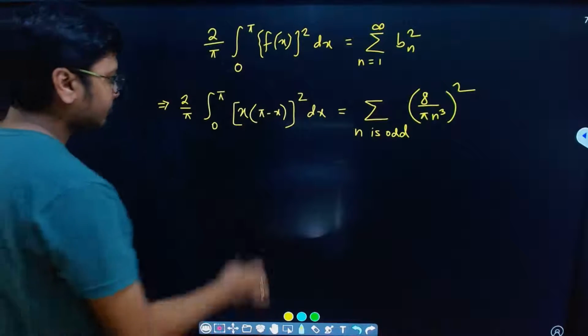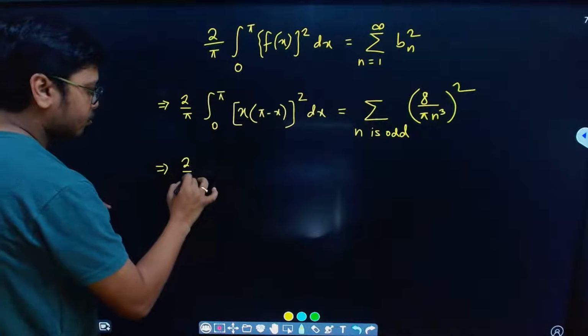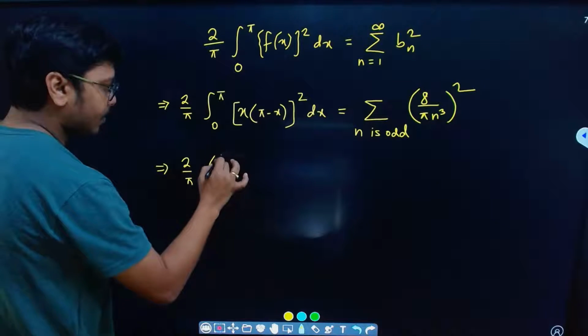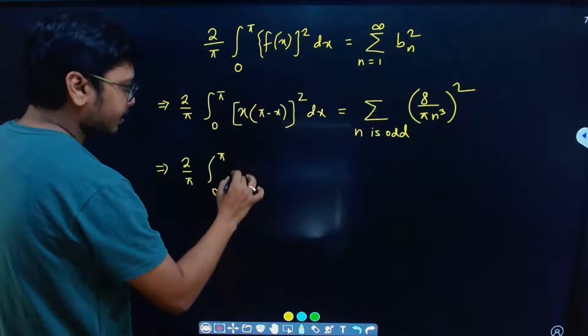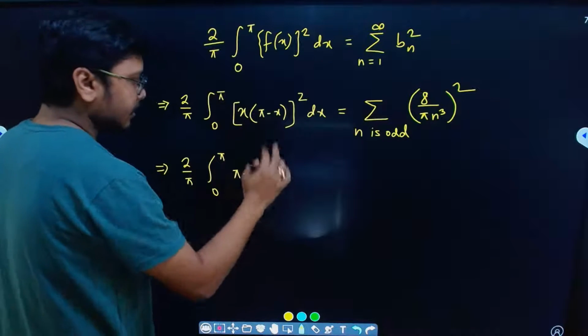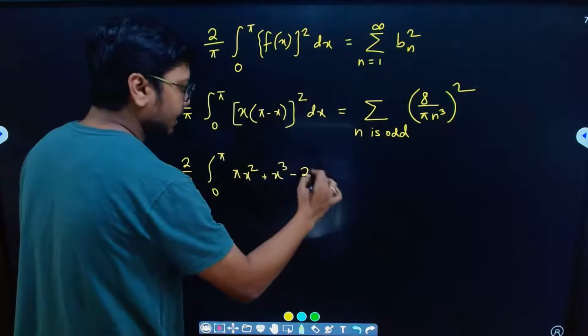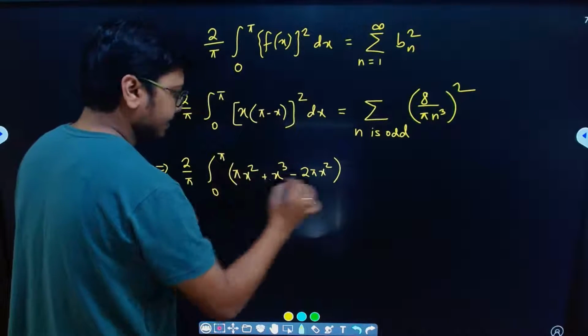So now I just need to calculate the two sides. 2 by pi, 0 to pi. If I break the whole square, it is becoming pi x square plus x square x cube minus 2 pi x square dx.